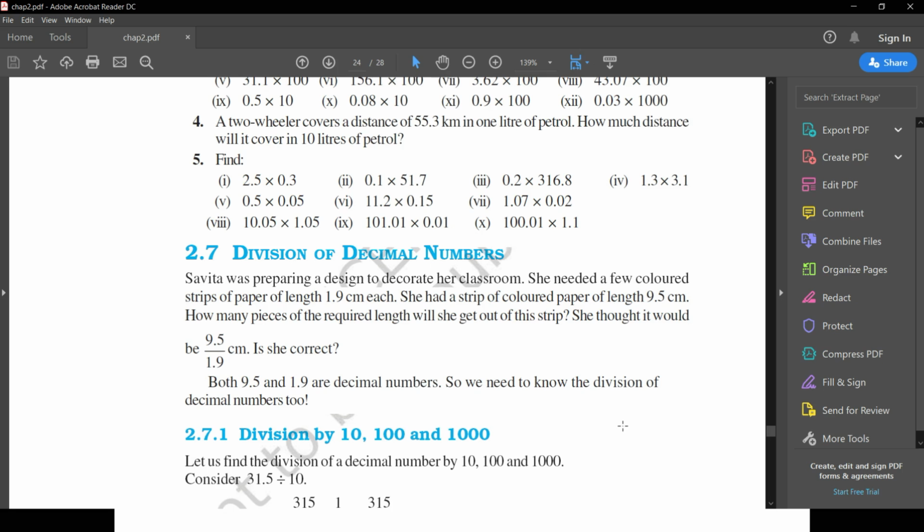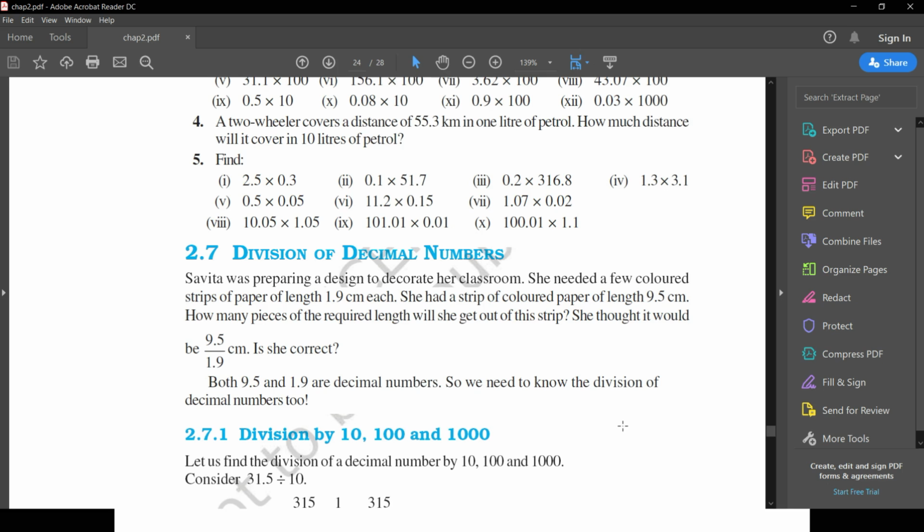So the question is how many pieces she can obtain. Her answer is right, because 9.5 will be divided by 1.9, and by obtaining this division, 5 such pieces will be required.